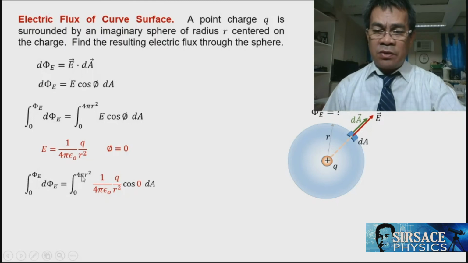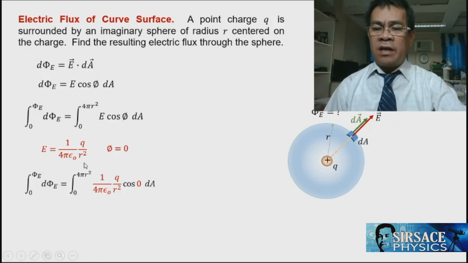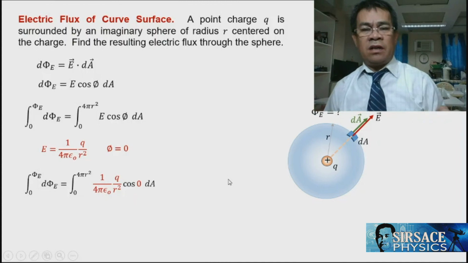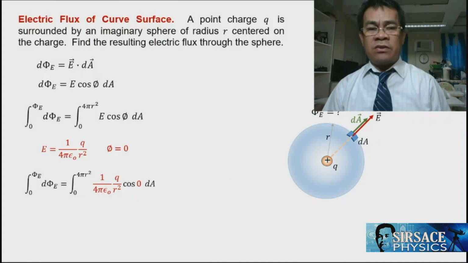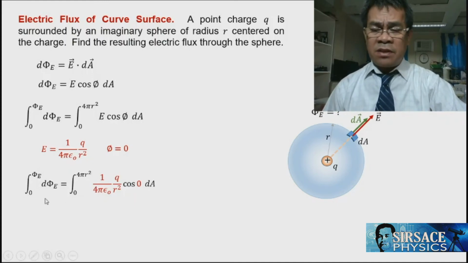The integral from 0 to 4 pi r squared. Why 4 pi r squared? Take note that the infinitesimal is area. If we extend this area by integration, it covers the whole surface area of a sphere. So the question is, what is the area of a spherical surface? Surface area is 4 pi r squared.